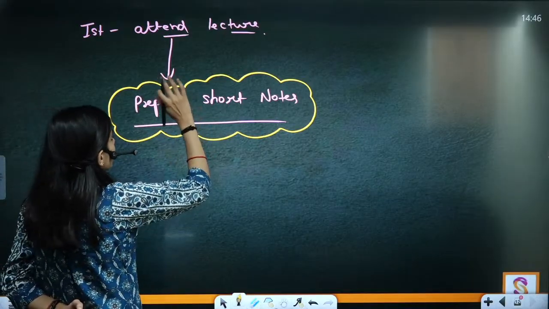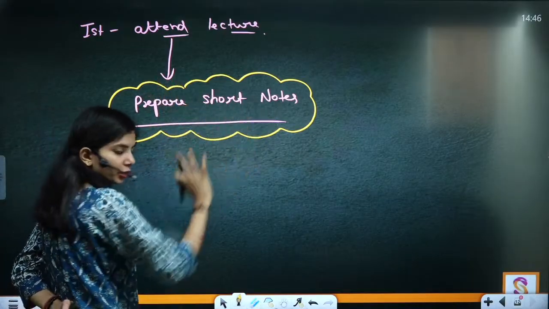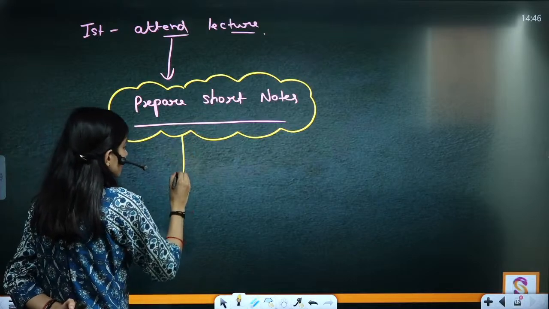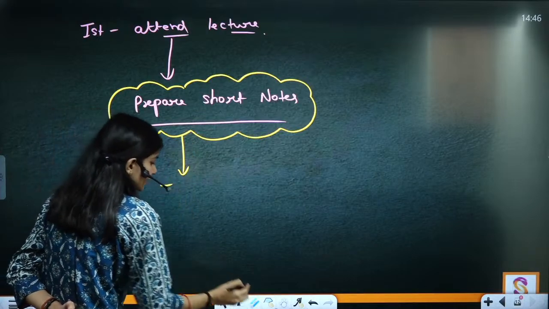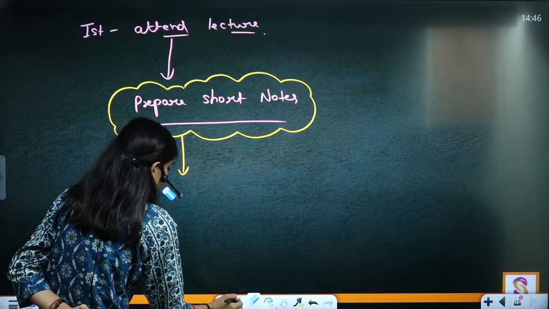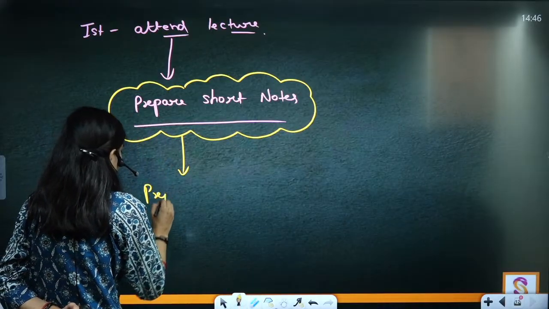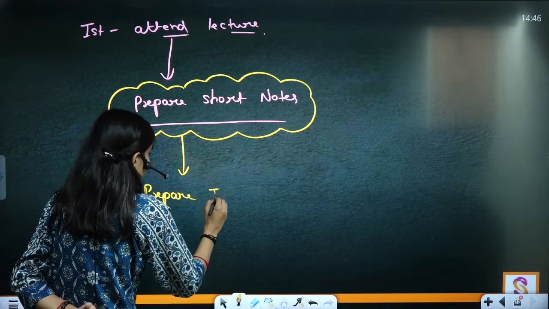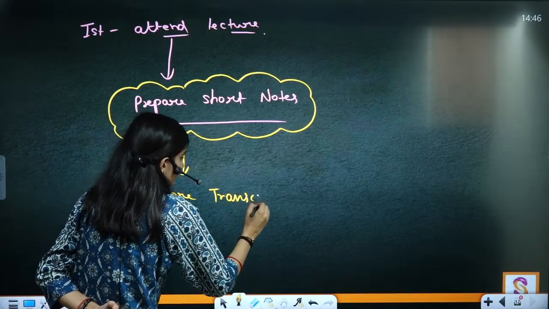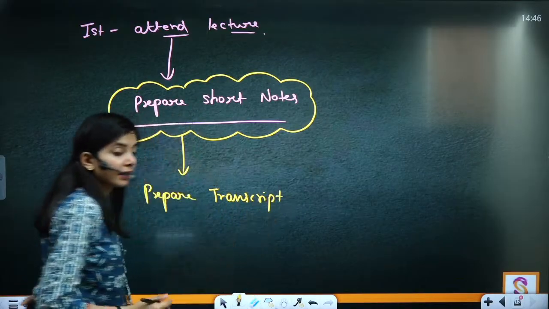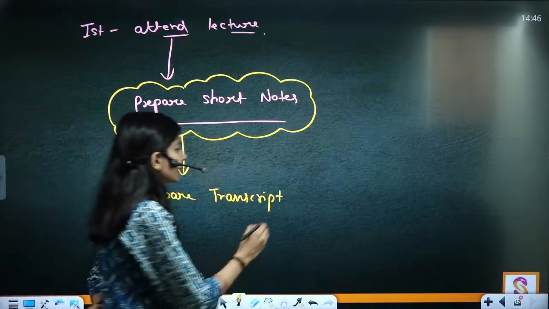Now, once you have prepared the short notes, then I would ask you to prepare a transcript. Transcript of whom? Transcript of model answer.